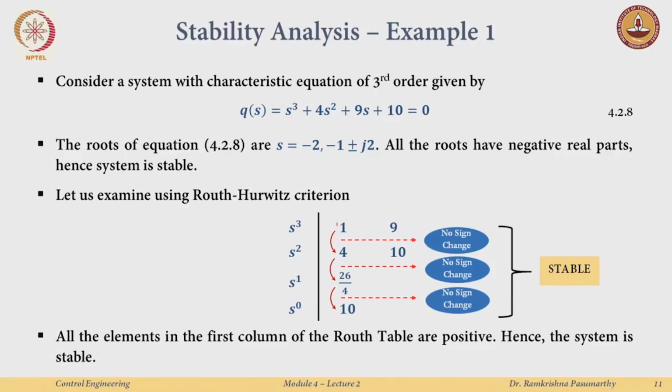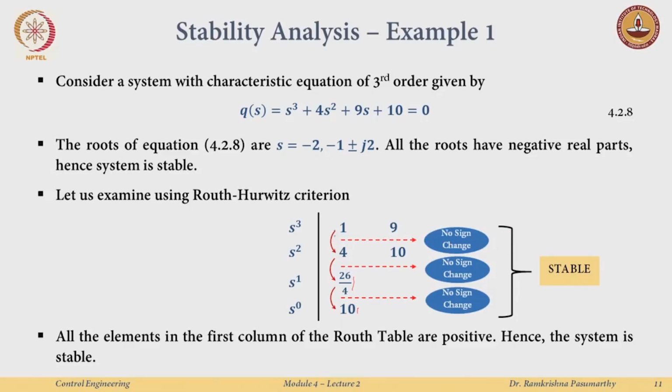So I have 1 and 9, then I go to s square, there is a 4 here and a 10. Then I just compute: 4 times 9 minus 1 times 10, divided by 4, so I get 26 by 4 here, and then a 10, just by looking at the formulas for Bn minus 1 and Cn minus 1 in the previous slide.